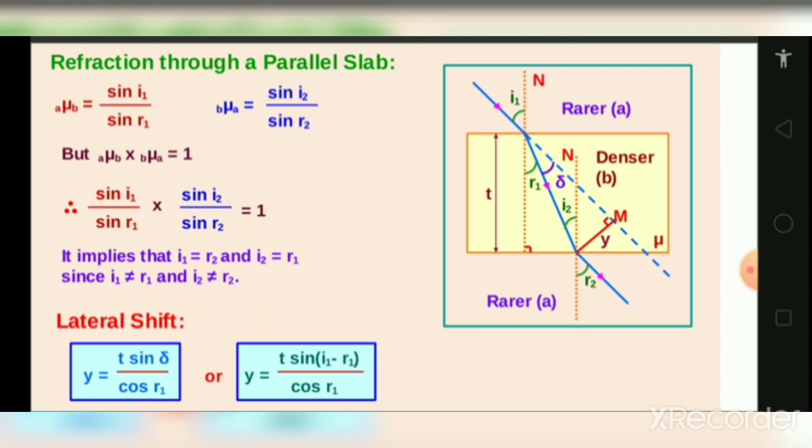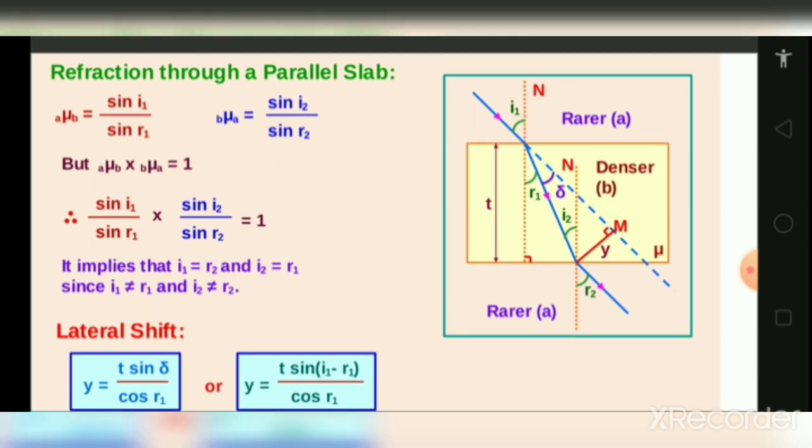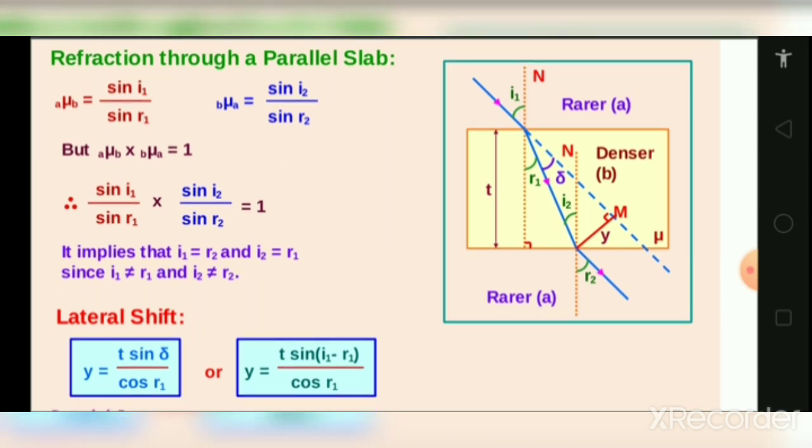It implies that your I1 is equal to your R2 and your I2 is equal to your R1, since I1 is not equal to R1 and I2 is not equal to R2. That is also a proof of the law.